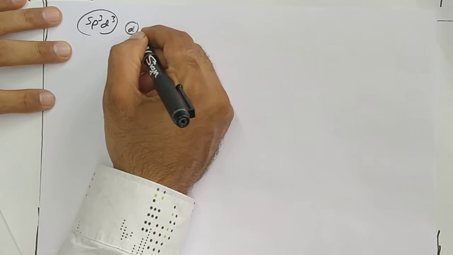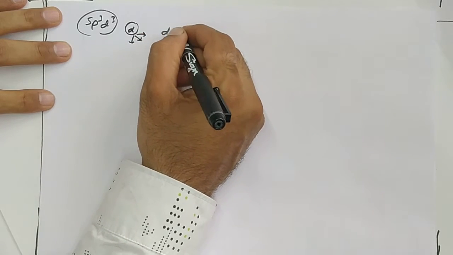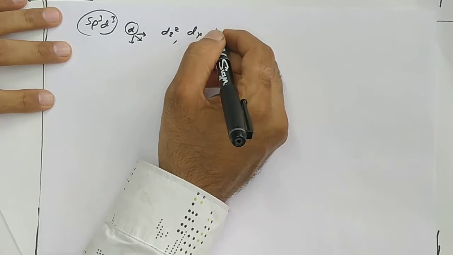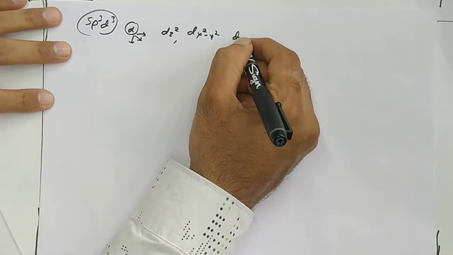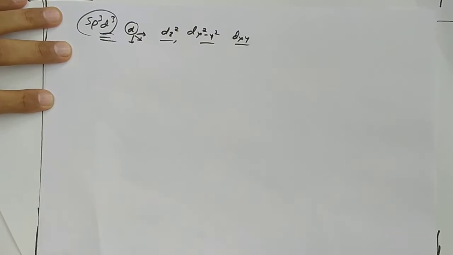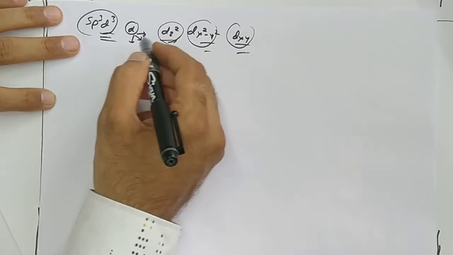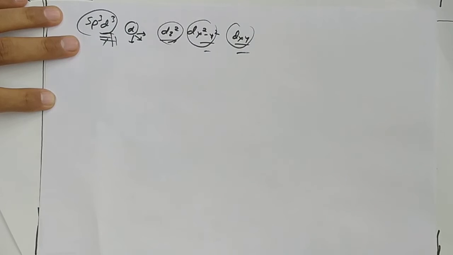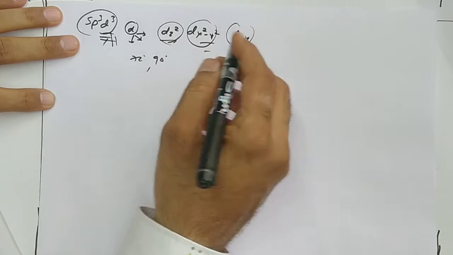So which 3 d are involved here? Actually dz square, dx square minus y square and dxy are involved in hybridization. 1 of s, 3 of p, px, py, pz, and d has 5 orbitals, out of which 3 are involved. And now the bond angles are 72 degrees and 90 degrees.